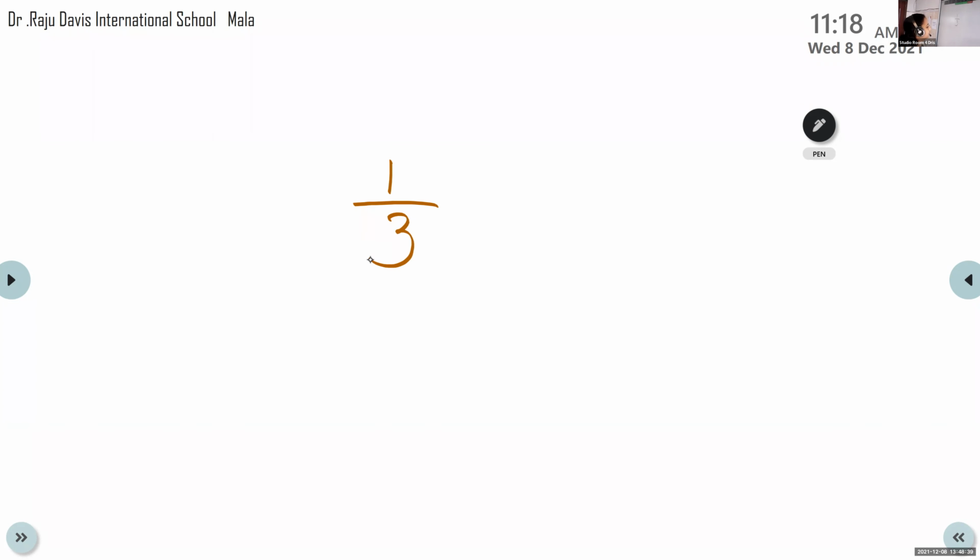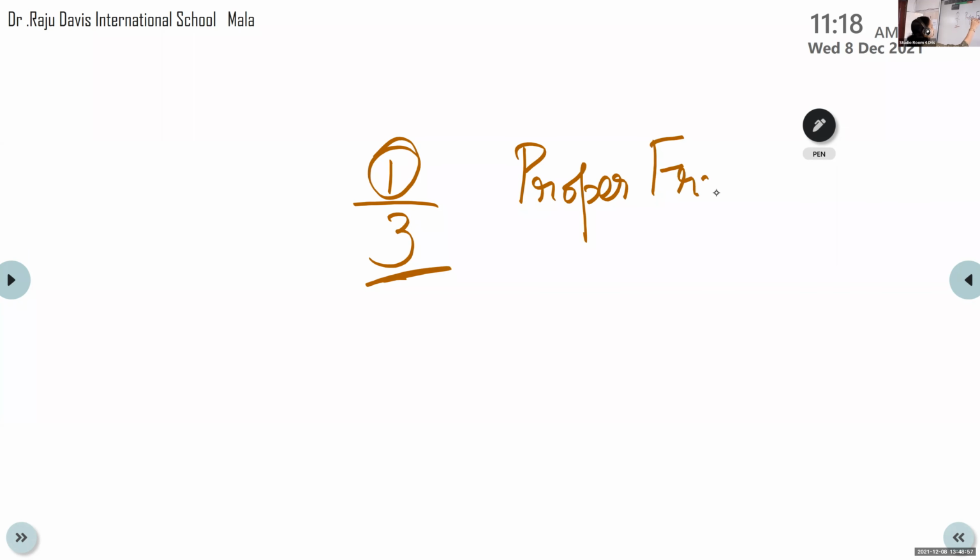Sri Rugda, can you tell me what is this? Proper fraction. Proper fraction, very good. Why is this proper? Proper means the numerator is small and the denominator is greater or big. So such fractions are called proper fractions.